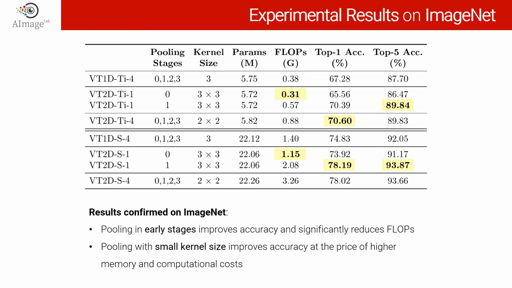Our results are also confirmed on ImageNet, a bigger and more complex dataset than C400. In particular, pooling in early stages improves accuracy and significantly reduces flops, while pooling with a small kernel size improves accuracy at the price of higher memory and computational costs.